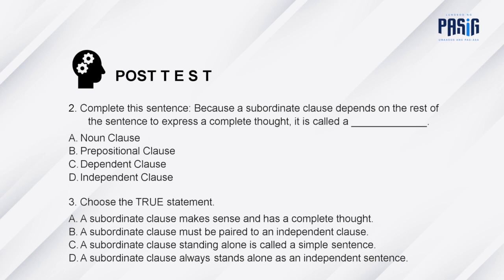Choose the true statement. Letter A. A subordinate clause makes sense and has a complete thought. B. A subordinate clause must be paired to an independent clause. C. A subordinate clause standing alone is called a simple sentence. Or D. A subordinate clause always stands alone as an independent sentence.